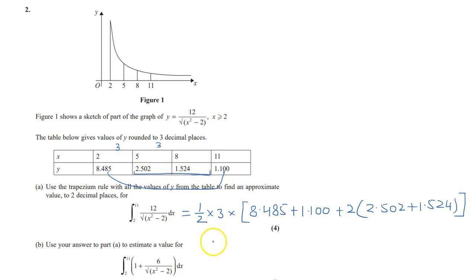So this is equal to half multiply 3 and this value is 17.637.